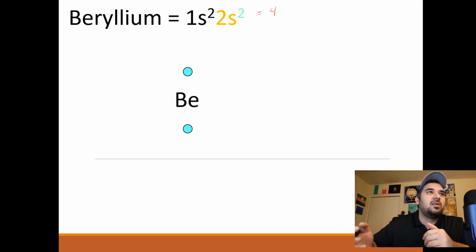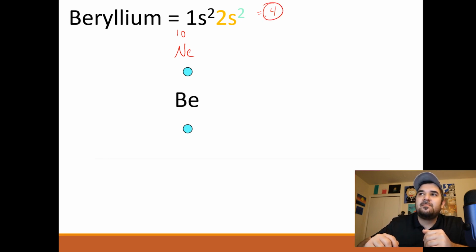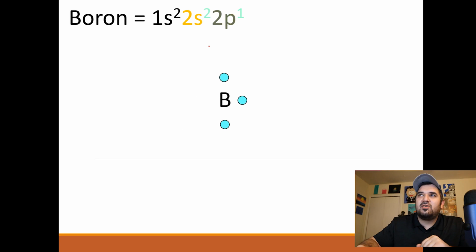If you were doing it for shorthand configuration, you would count up all your electrons, and then add the number of electrons that the noble gas has. So if it's neon, that's right here in the beginning, then neon has 10 electrons, and you're just going to add that to the number of electrons that you counted up. But anyway, here's your electron configuration for beryllium. Just wanted to show y'all what those look like.